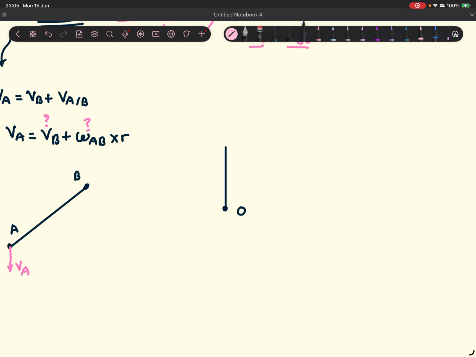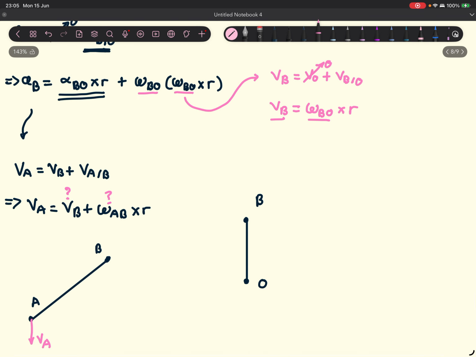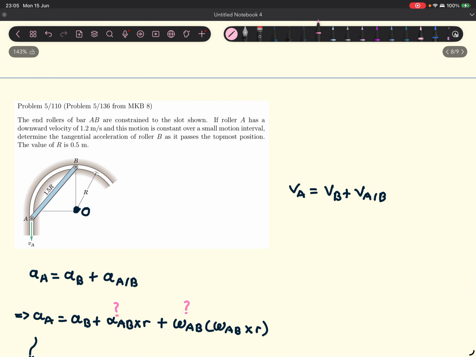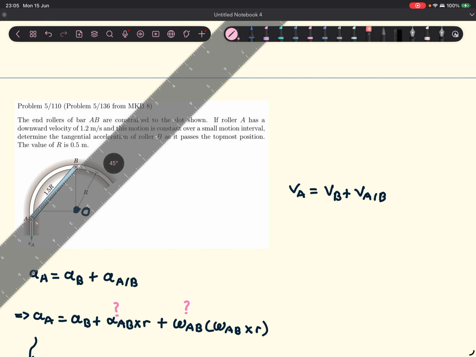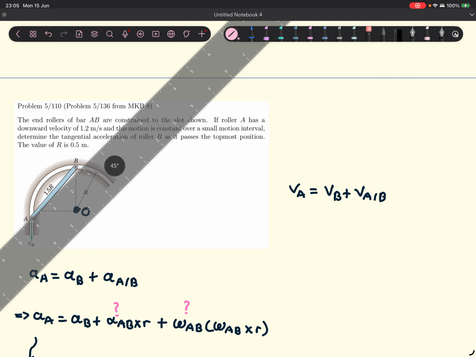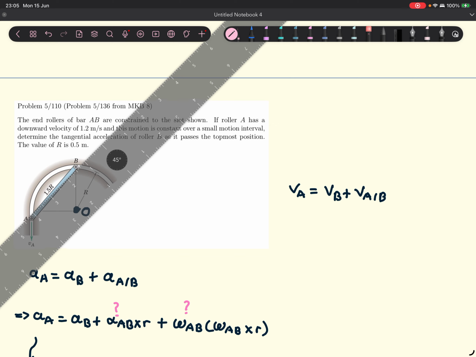So we have the center of the circle O, and then we have point B over here. And then if you look at how this thing moves, right? So VA is pulling this thing down, right?